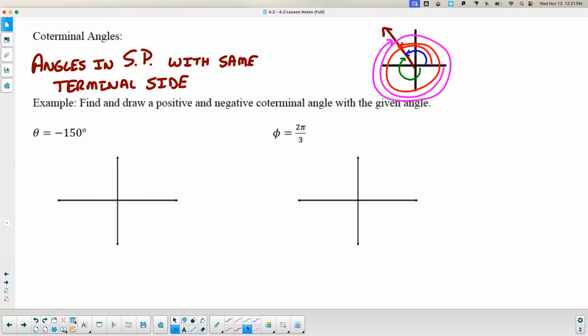Okay? So let's set this up. Let's get actual degrees and radians in here. Negative 150 degrees. Which quadrant is that going to be in? 3? Yep. Closer to the horizontal, closer to the vertical in 3, or right smack dab in the middle? Closer to the horizontal, I would concur. It would be something in the neighborhood of here.